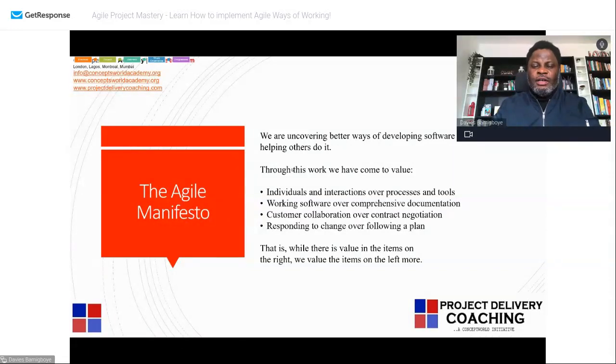Working software is valued more than comprehensive documentation. Customer collaboration is more important than contract negotiation. Responding to change is more important than following a plan.